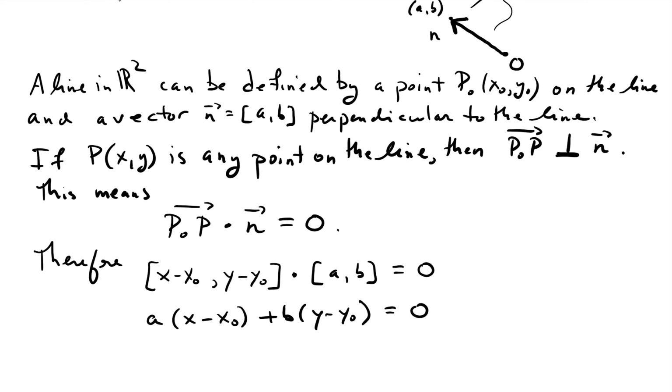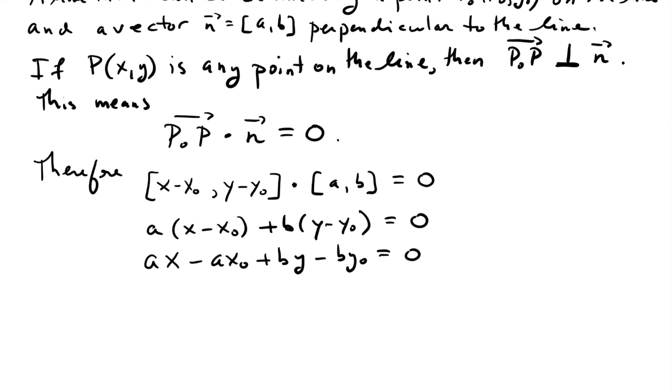And I could be happy here noticing that I have an equation relating x and y that translates essentially through an equation what it means for x and y to be part of the line described above. Sometimes we'll keep it this way, sometimes we'll want to expand it, so I'll just expand it to show you something. So if I expand this, I get this.